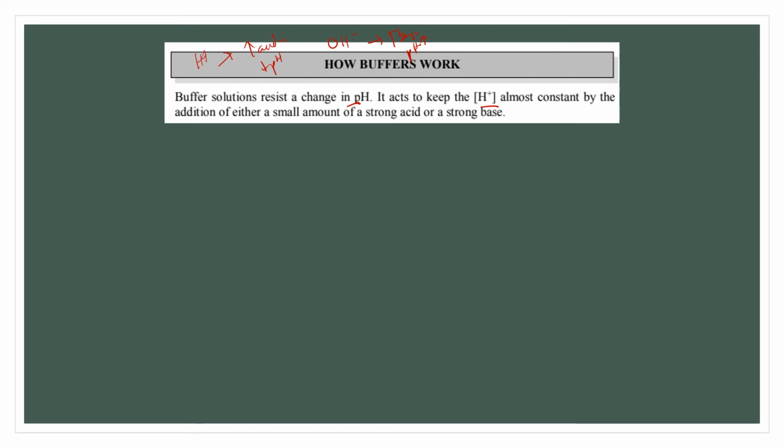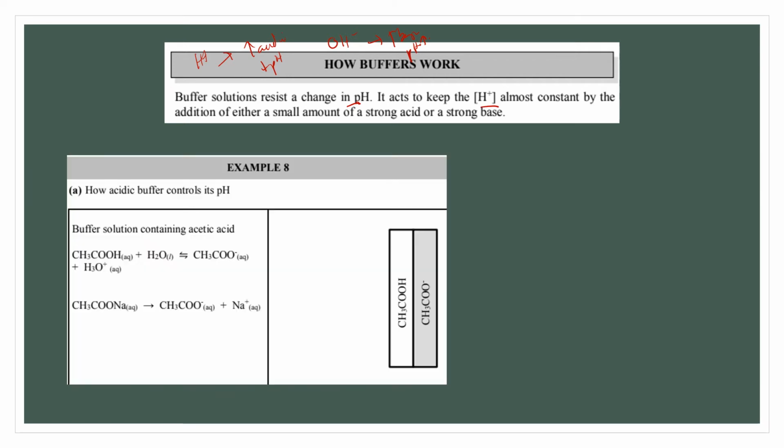Okay, so we're going to look at how the acidic buffer solution controls its pH. So for example, given in here is the acetic acid. Acetic acid is a weak acid, so dia akan dissociate, tapi dia more lies towards the left sebenarnya, macam ni.